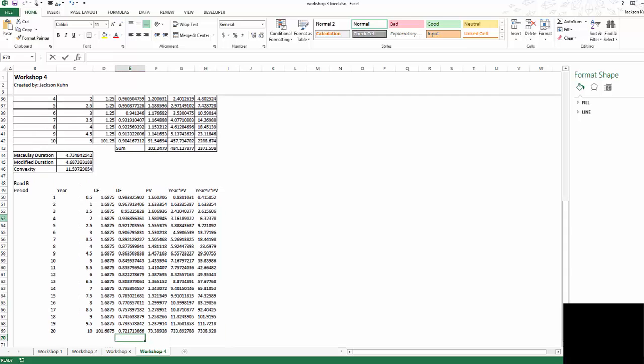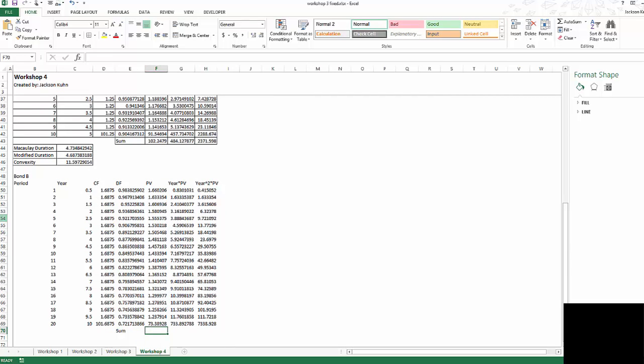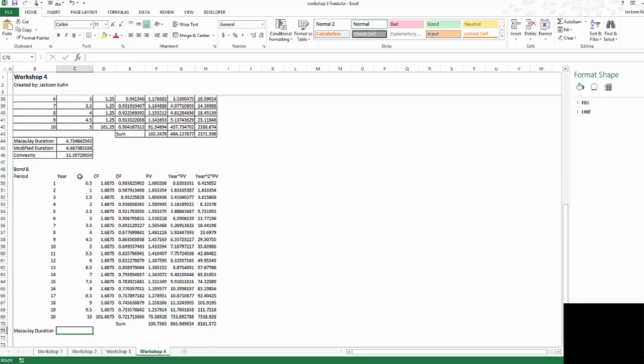And then we'll calculate the sums. Equals the sum. Drag that to the right, Control R. So now we can calculate our durations. And so our Macaulay duration is just going to be our year times PV divided by our present value.